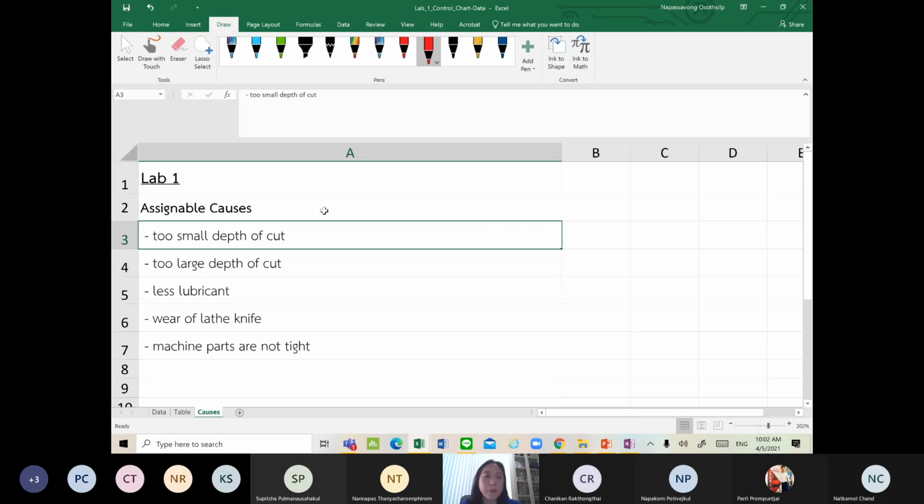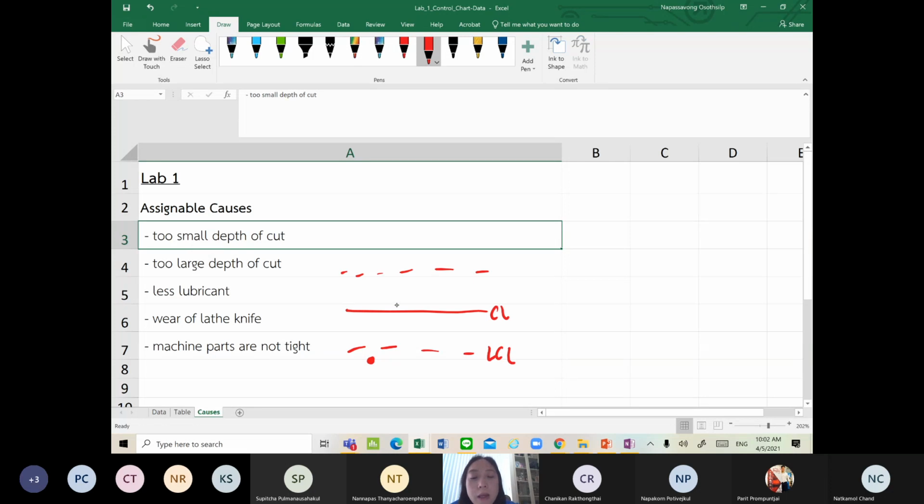For example, you see the extreme point on the lower side, right? Suppose you have the center line here and the lower control limit here, and what you see is that subgroup 4 is below LCL, right?